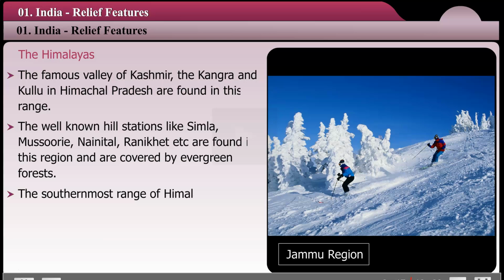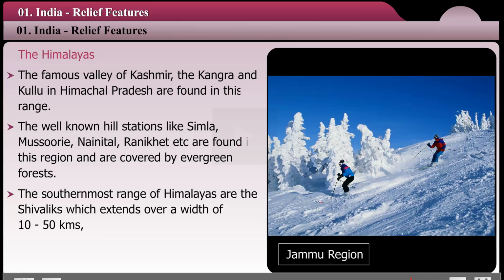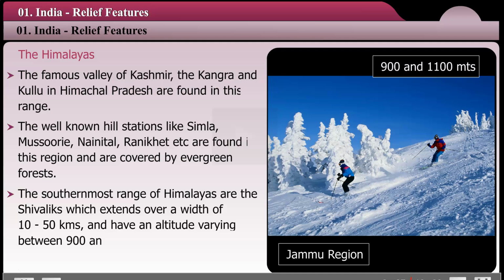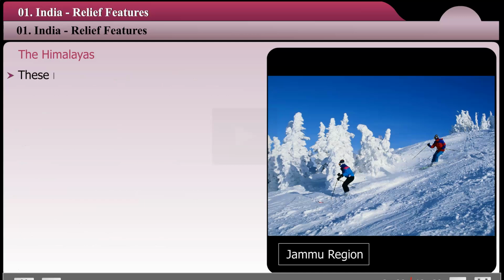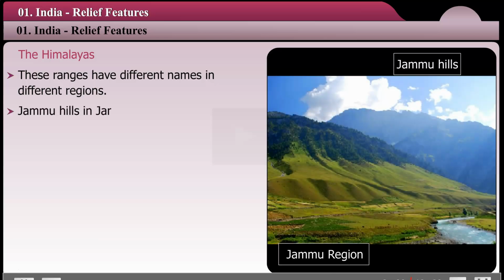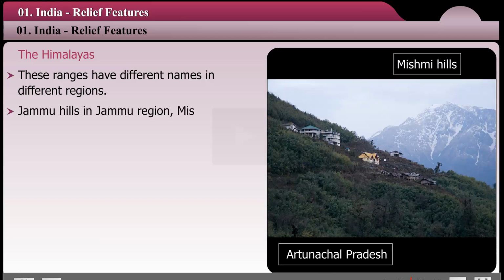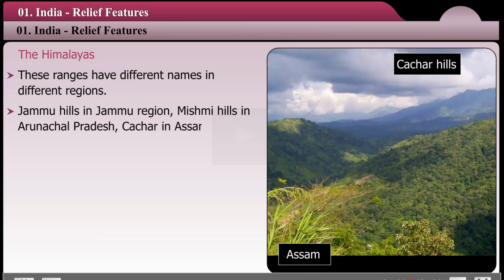The southernmost range of the Himalayas is the Shivaliks, which extends over a width of 10 to 50 kilometers and has an altitude varying between 900 to 1,100 meters. These ranges have different names in different regions: Jammu Hills in the Jammu region, Mishmi Hills in Arunachal Pradesh, Kachar in Assam.